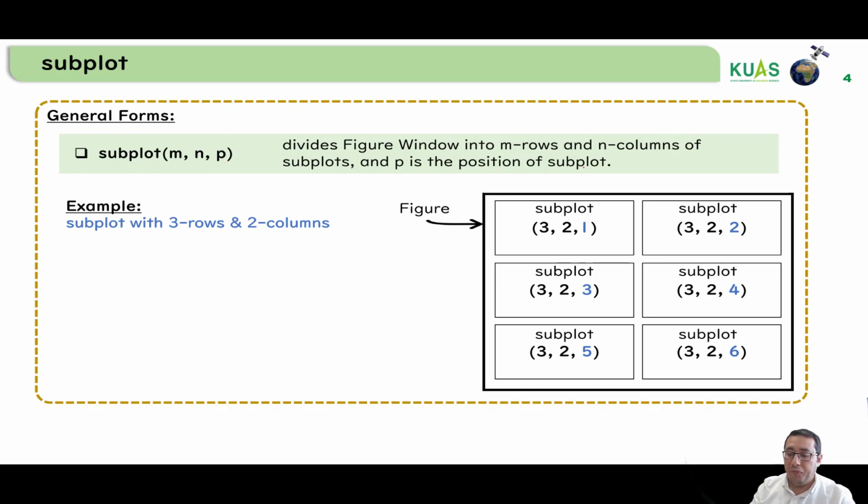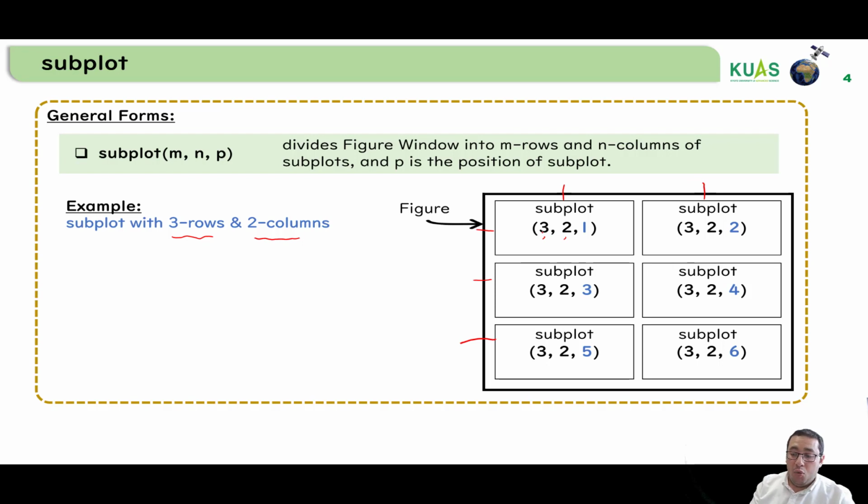What does this mean? For example, consider that we have a 3 rows by 2 columns subplot. Here we have this black frame with 3 rows and 2 columns, so M by N is 3 by 2, and B will be the position.